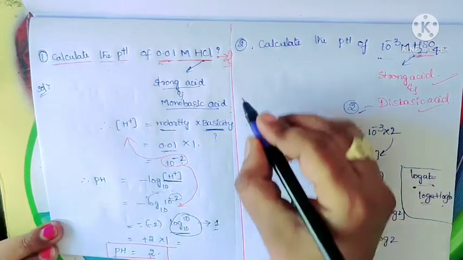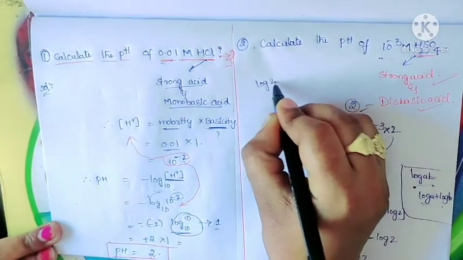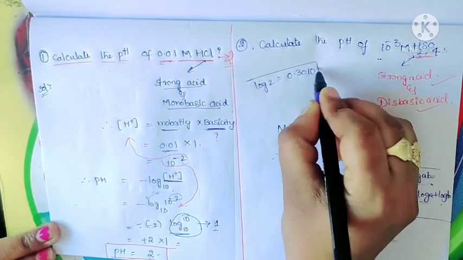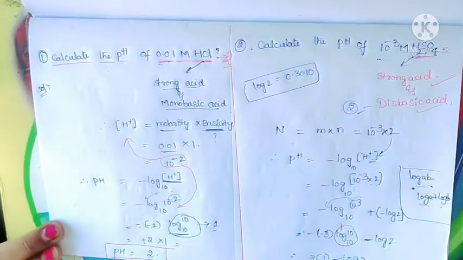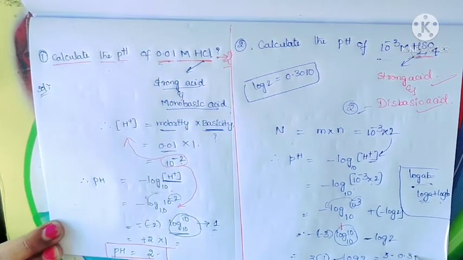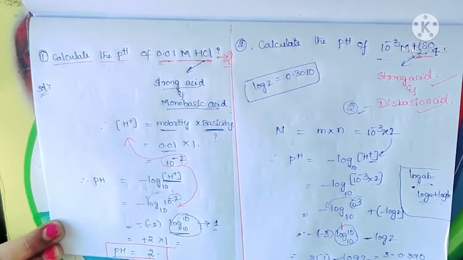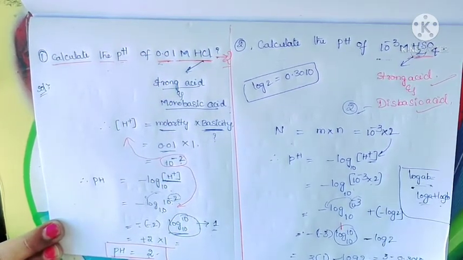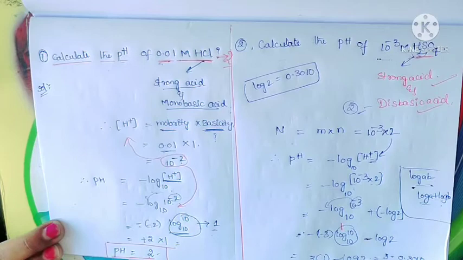So 3 minus 0.3010 becomes 2.699. It is the pH of 10 power minus 3 molar H2SO4.